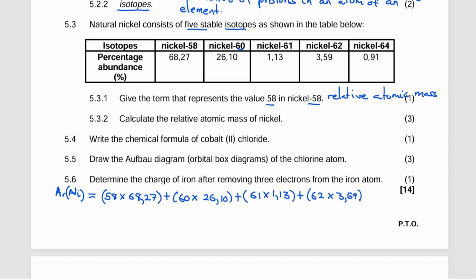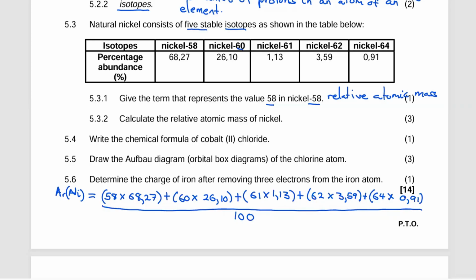Then we add again the last one, which is our 64, multiplied by the percentage abundance, which is 0.91. Because this is a percentage, percent means over 100. Now let's employ our calculators to work this out and see what we get.